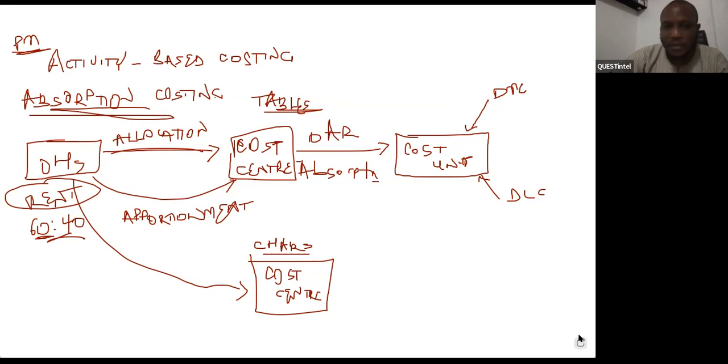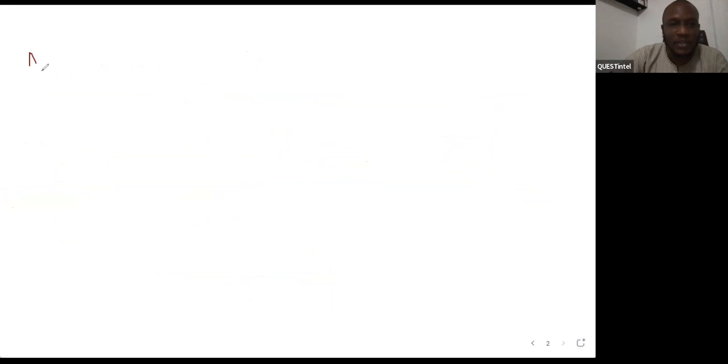Now, on the other hand, when we look at activity-based costing, it is not too dissimilar from absorption costing, but with activity-based costing, our primary objective is to seek to accurately, so our word here is accuracy, reflect the overhead costs in our cost unit.